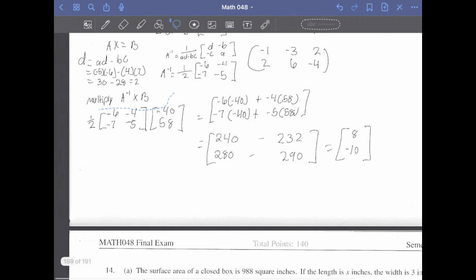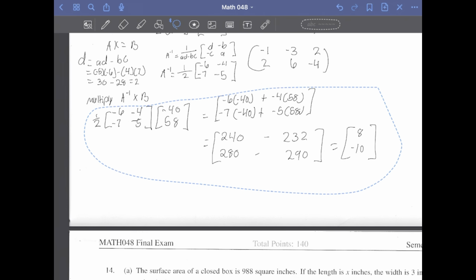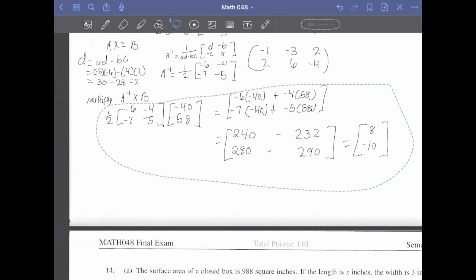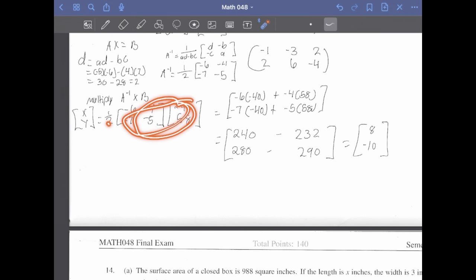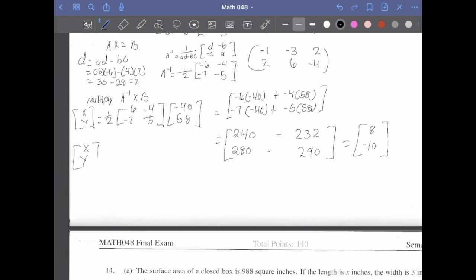When you saw this, just be mindful that this is x, y equal to such and such. So we already multiplied these two. We still have the half, so this is still xy equal to a half times 8, -10.